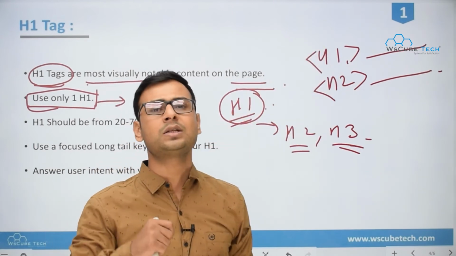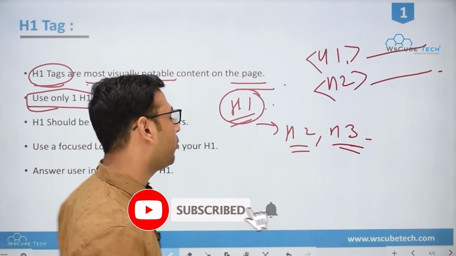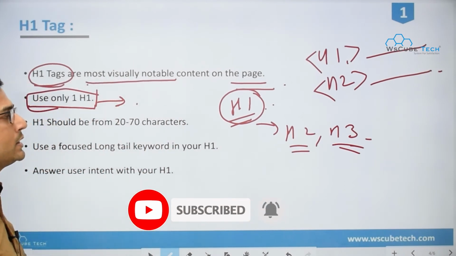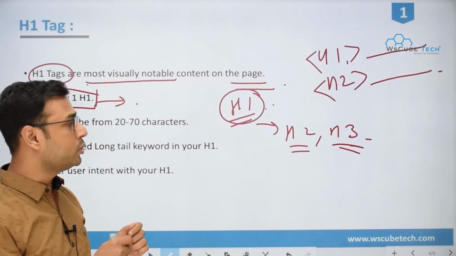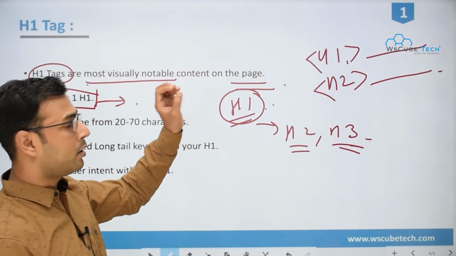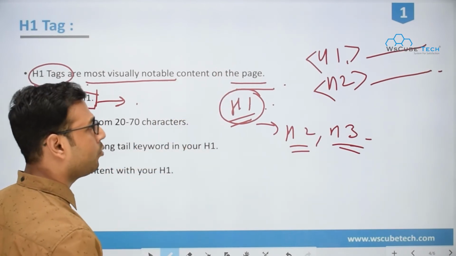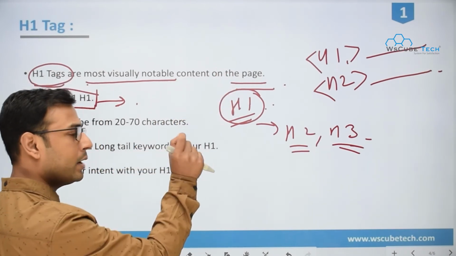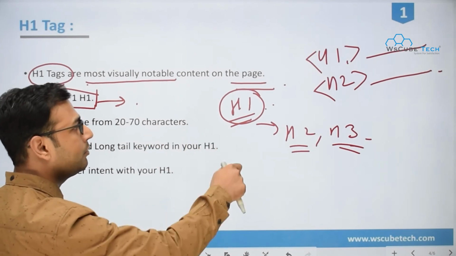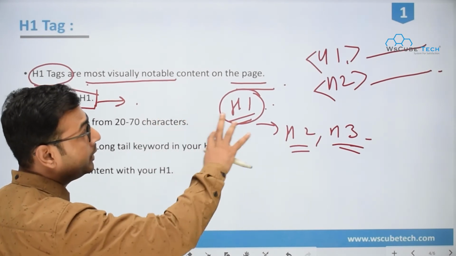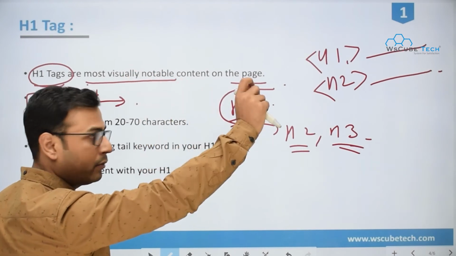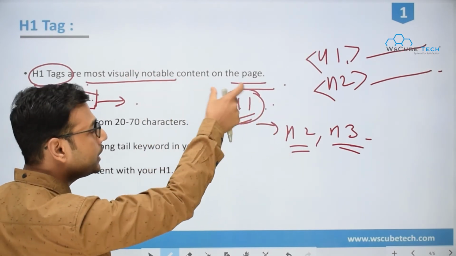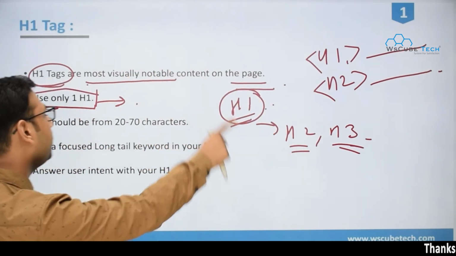So we should avoid using more than one H1 tag. It is advisable that you restrict yourself to a single H1 tag on a single web page. I'm saying a single H1 tag for a single web page. I am not recommending a single H1 on the complete website. It is advisable to use a single H1 tag on a single web page, not the complete website.